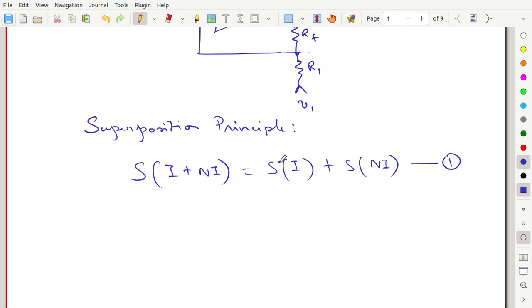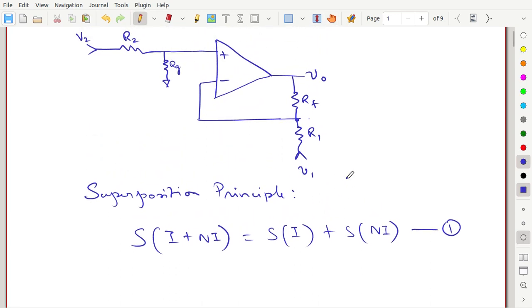In order to solve this, first we are assuming that we ground the non-inverting part. If we ground this non-inverting part, then we get the output voltage due to the inverting part. This is V minus, and this is V plus.